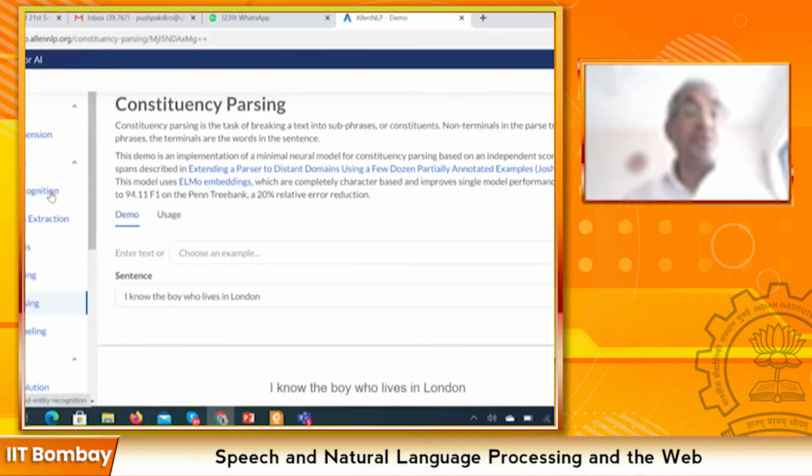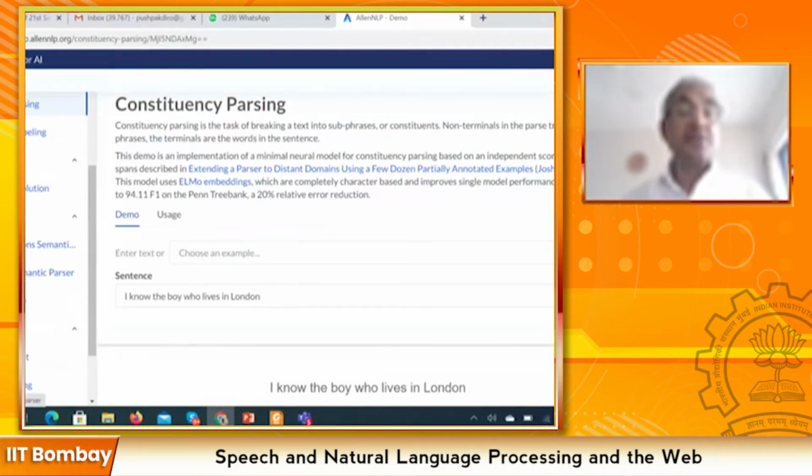It provides tools for named entity recognition, open information extraction, sentiment analysis, dependency parsing, constituency parsing, semantic role labeling, co-reference resolution, wiki table question answering, Cornell NLP semantic parser, text to SQL, converting a natural language query to SQL, which is like a relational database query, textual entailment, language modeling, masked language modeling, which is used in BART, for example.